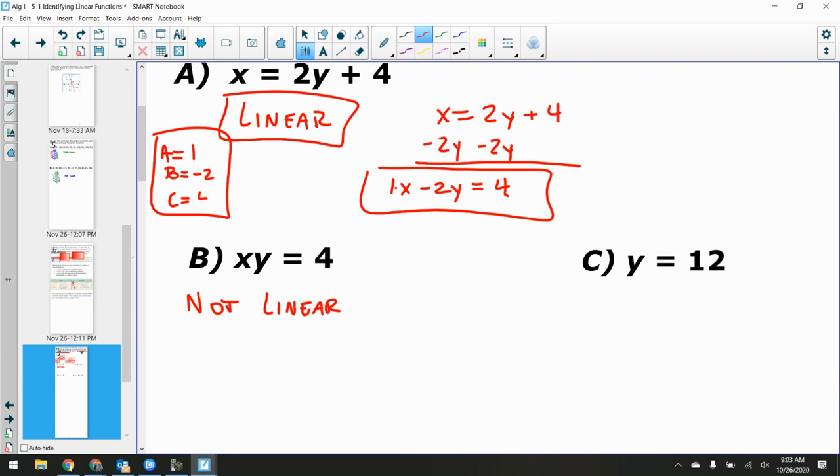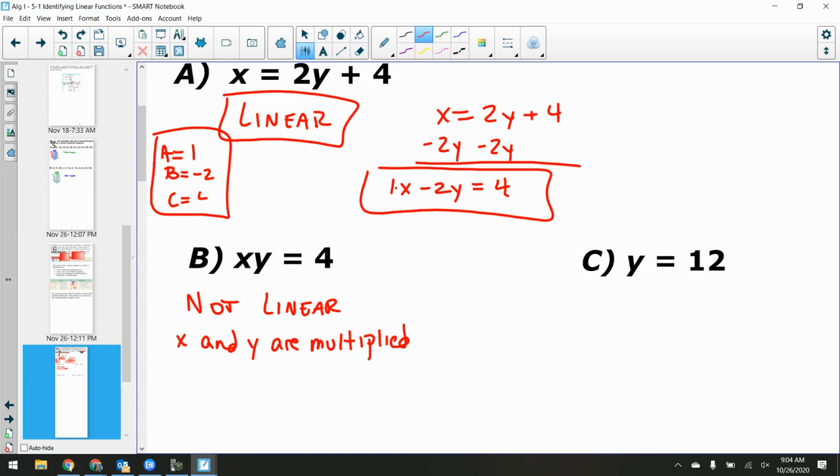You're multiplying x and y together. Do you see how it's easier to say that it's not linear? Yeah. You can only use that answer twice on your homework from 35 to 41. There's no a, b, or c value if it's not linear.